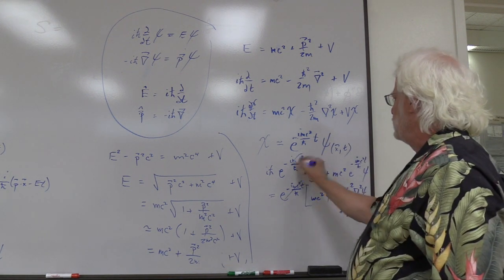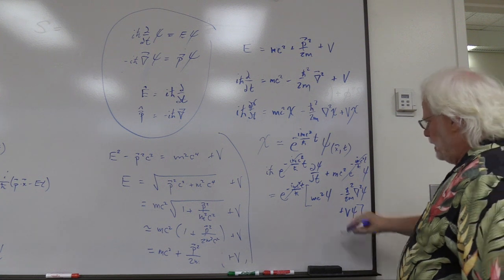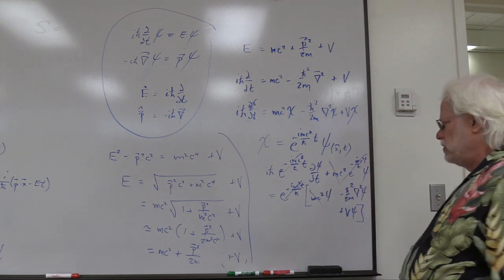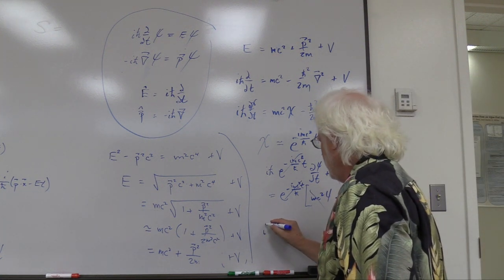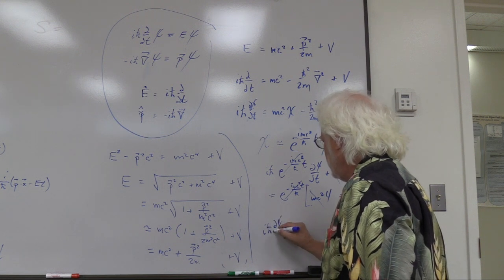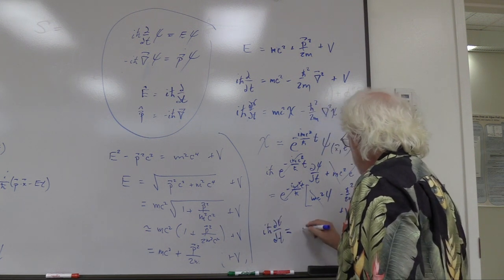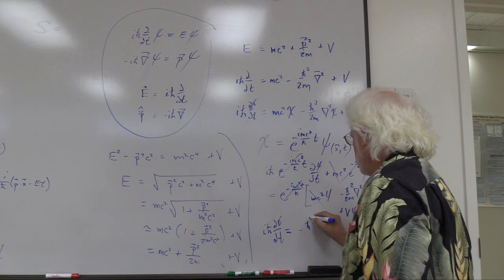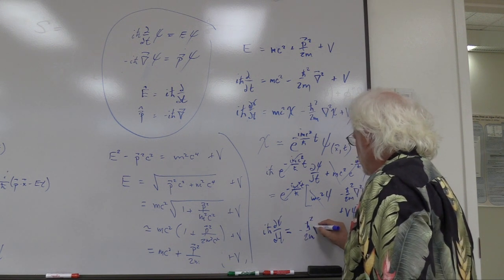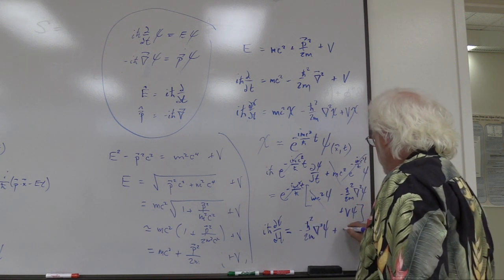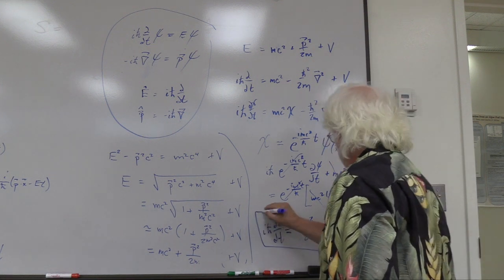Well, now that factor cancels everywhere. The mc squared cancels between the two sides, and I'm left with i h bar d psi dt is minus h bar squared over 2m del squared psi plus V psi, the Schrodinger equation.